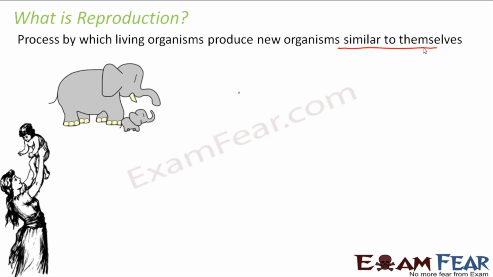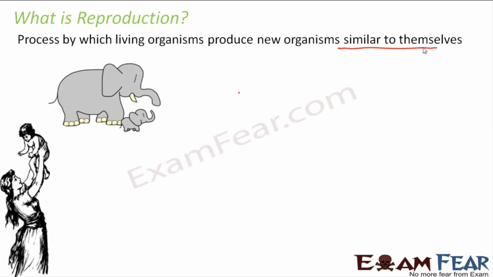Similarly, for a human being, the baby has similarities to the parents. First of all, the baby will look like a human being, with all the features of a normal human being. On top of that, they will have similarities to their parents. For any one of us, we look similar to our parents.